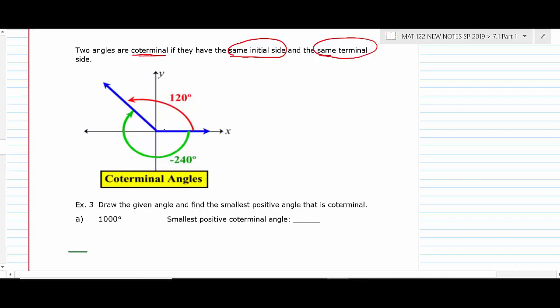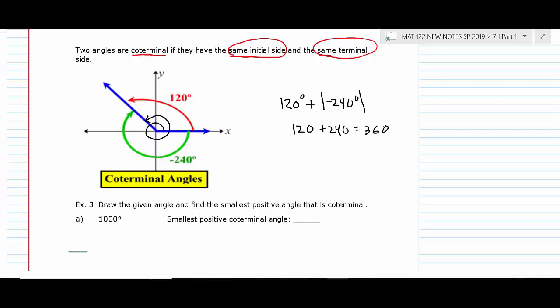If I went another lap around, that would be a coterminal angle to 120 degrees. One thing I want you to notice is that if I take 120 degrees and add the absolute value of negative 240, 120 plus 240 is 360. That should make sense to you because you've made a journey all the way around the circle, partially in one direction and then the rest in the other.